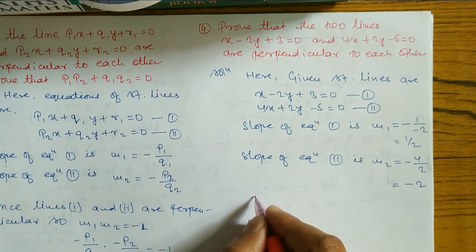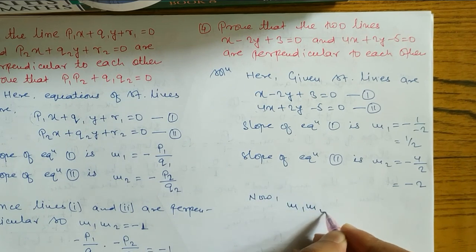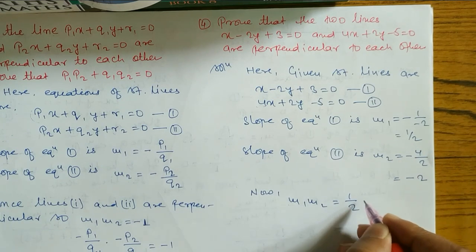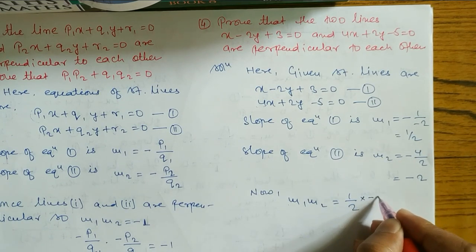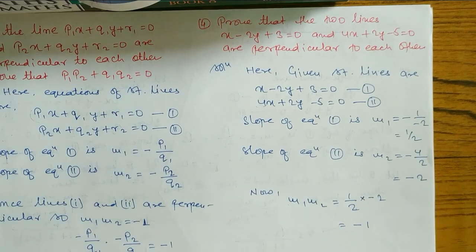Now we have to show m1 m2 is equal to minus 1. So m1 is 1 by 2 into m2 is minus 2, the 2s cancel, and we get minus 1.